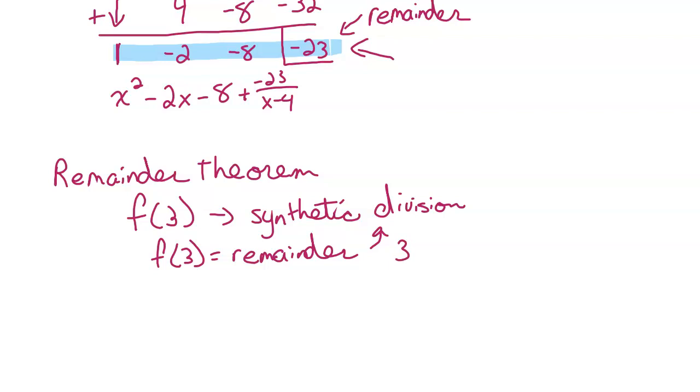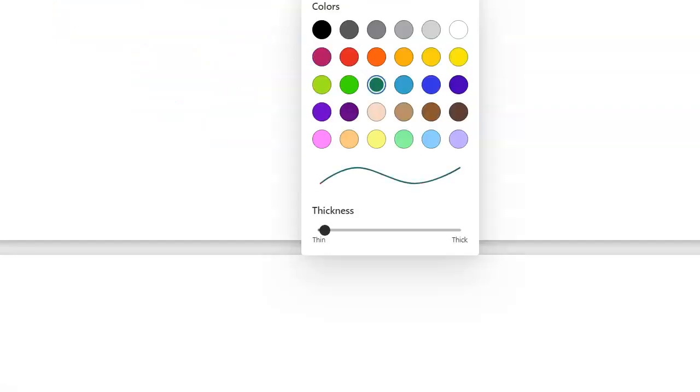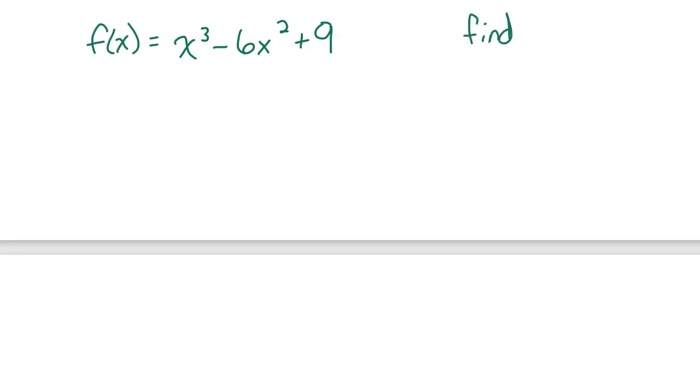For example, if I use this exact same polynomial, so let's say that I'm still using the x to the third minus 6x squared plus 9, and we'll just call this f of x, and I want to find f of negative 2.